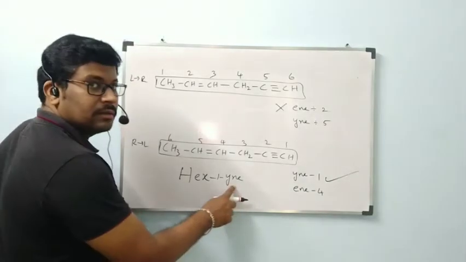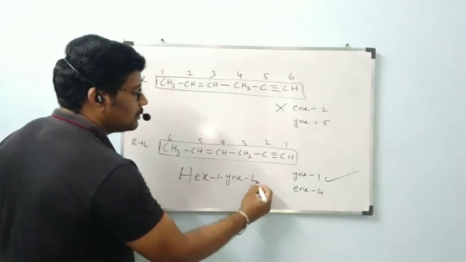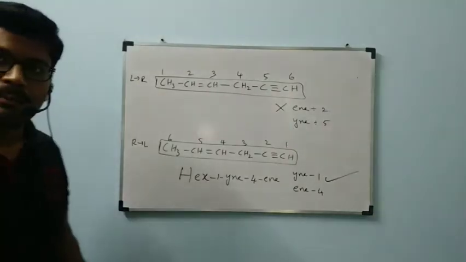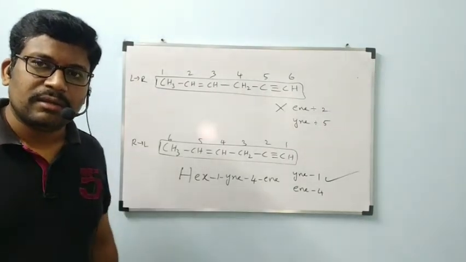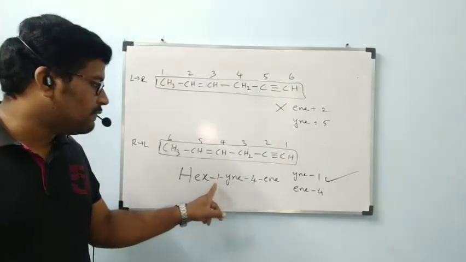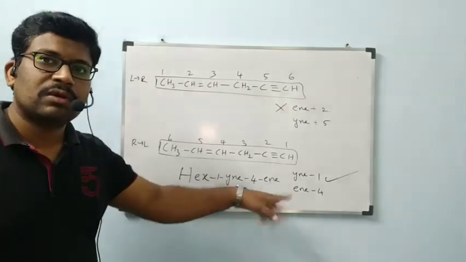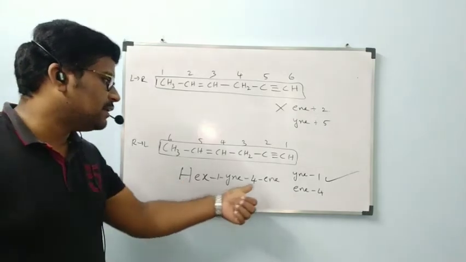Ene is on 4, 4 ene. Two primary suffixes are there, ine and ene. Triple bond is on the first carbon, 1 ine. Double bond is on the fourth carbon, 4 ene. The name of this compound: hex 1 ine 4 ene.